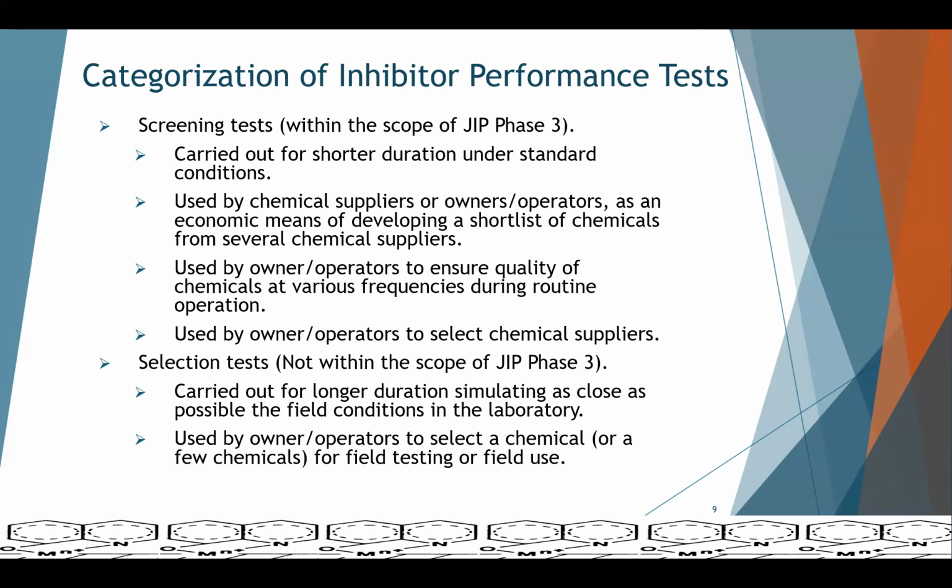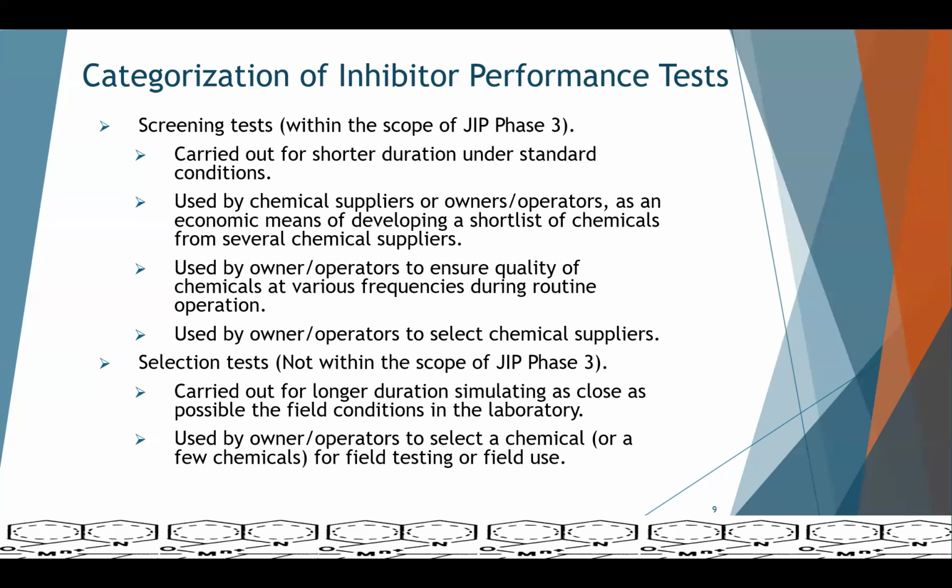So with that background, let us see what is the difference between screening test and selection test. We are going to standardize, or develop standard test methods on, screening tests, which is within the scope of phase 3. Screening tests are normally carried out for a shorter duration, typically less than 24 hours, under standard conditions.